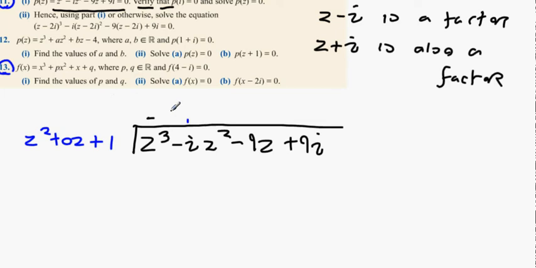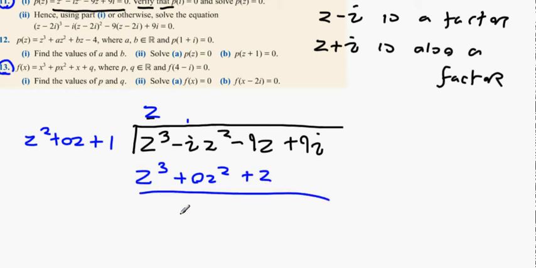So the first one goes in z times, so we're going to have z cubed plus 0z squared, and then plus z at the end. Now we're going to have minus iz squared minus 8z plus 9i, and then this has to go in minus i times.